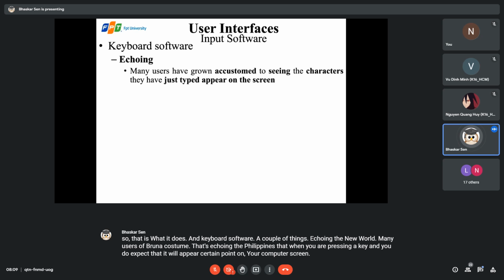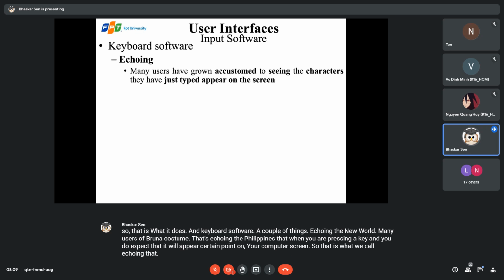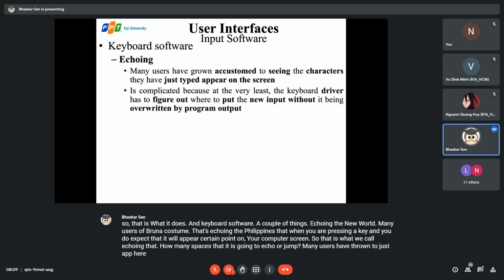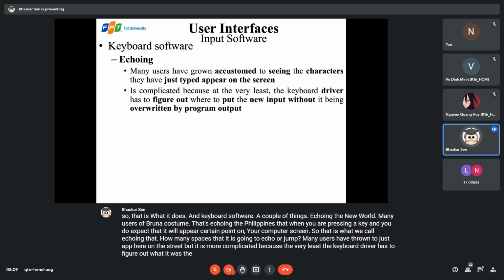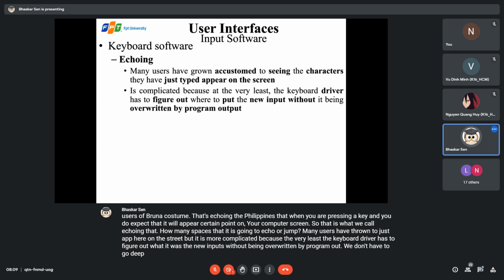But it is more complicated because at the very least the keyboard driver has to figure out where to put the new inputs without being overwritten by program output. You don't have to go deep inside to know exactly how it happens. Just remember the name, echoing. That should be enough.